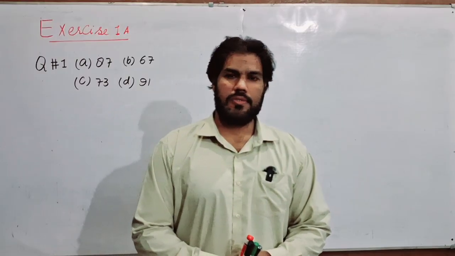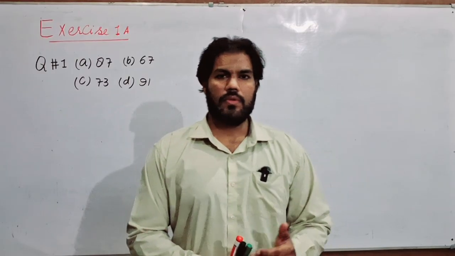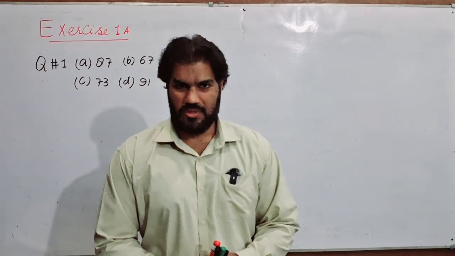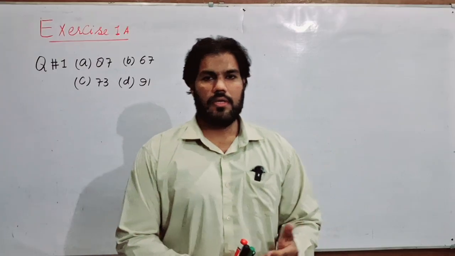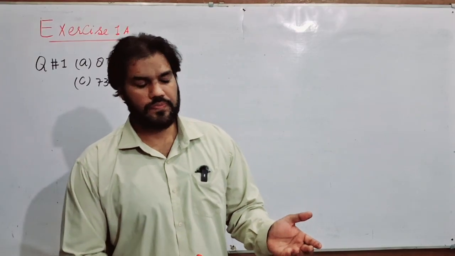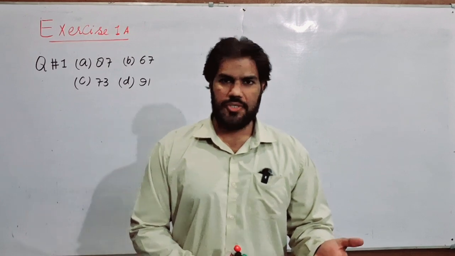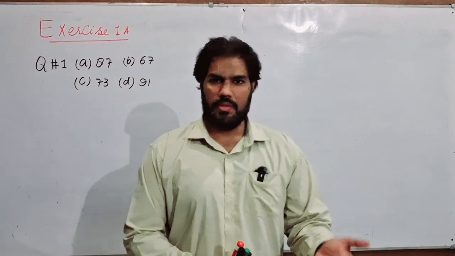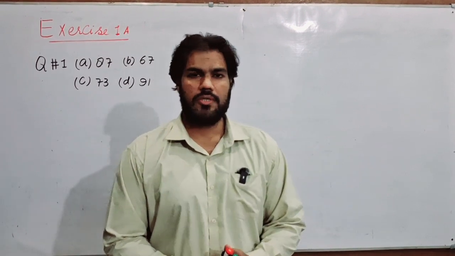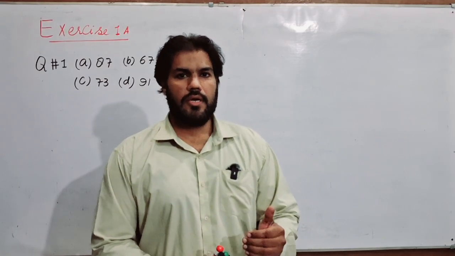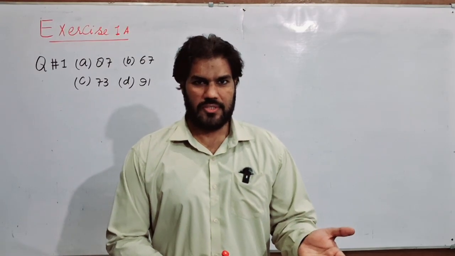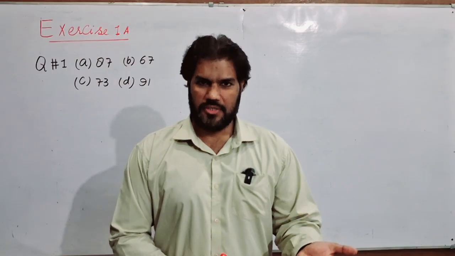We are discussing our lectures on O-level mathematics. Lastly, we discussed topics on test of divisibility, prime numbers and composite numbers, different types of numbers, and the sieve of Eratosthenes, primarity test.